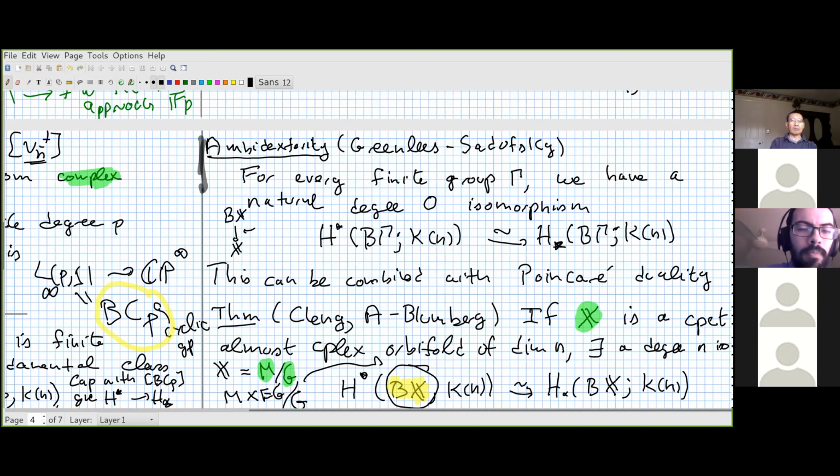With fiber B gamma. And so in particular, what you can now, sorry, doesn't map to X, it maps to M. No, I'm giving myself, sorry.